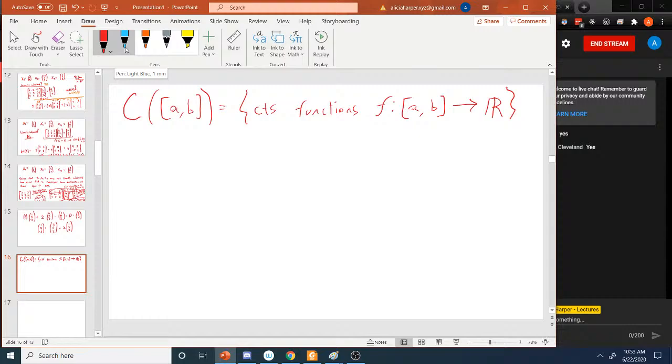Inside this vector space, there's a very interesting subspace. And we call it Cn AB.